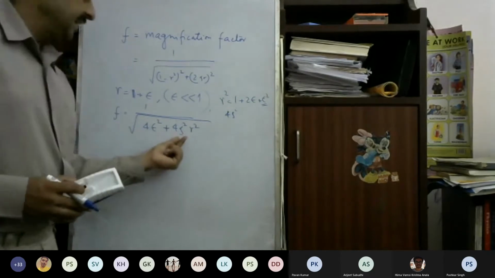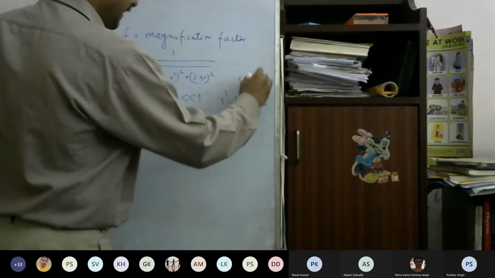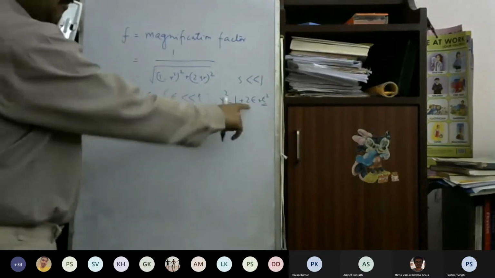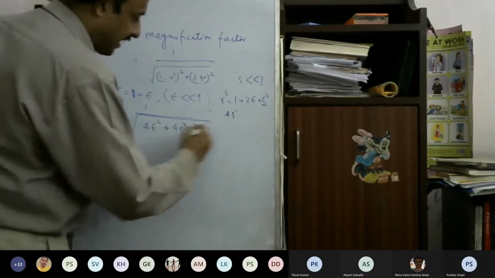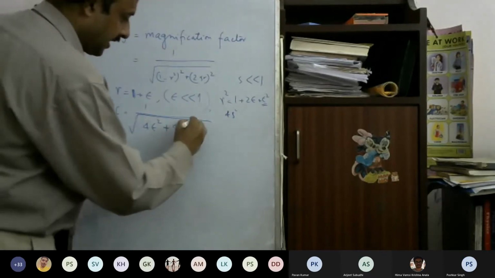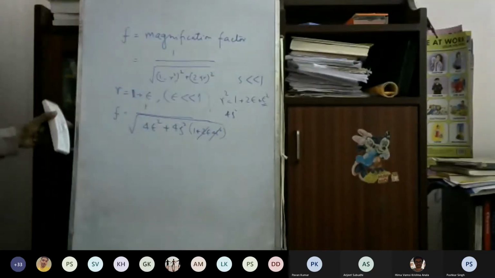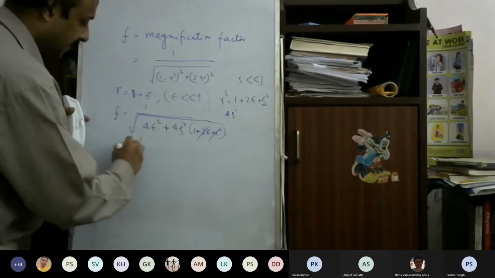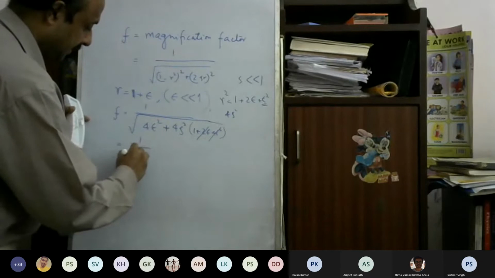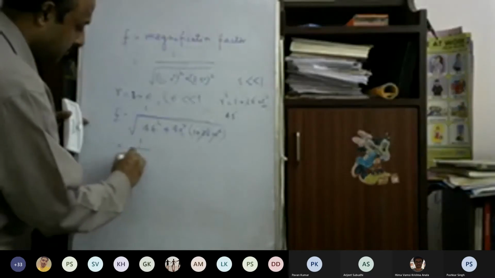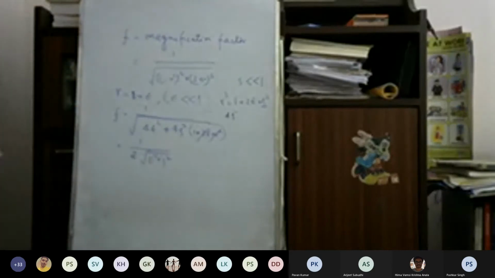Now zeta is itself a very small quantity, so zeta square times epsilon will again be very small. If you neglect that part, we get 1 by 2 under root of epsilon square plus zeta square.